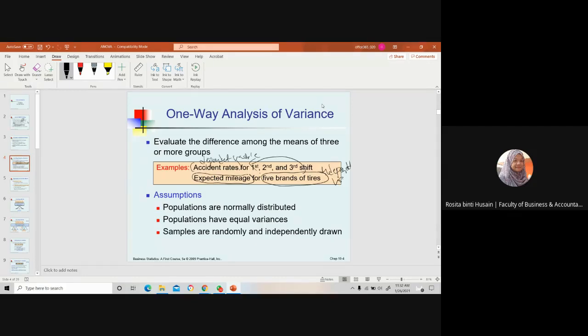Ada yang buku dia buat dependent, pergi kepada factor. Kemudian dia tengok independent. Independent ni dia collect daripada sample lah. Sample 1, sample 2, sample 3 and sample 4 and so on.